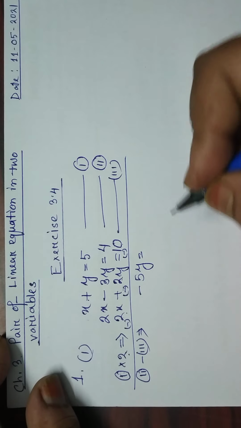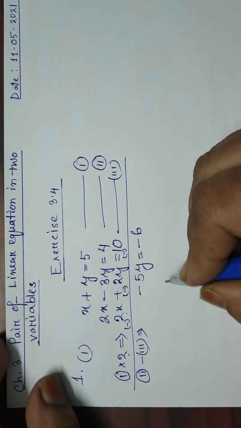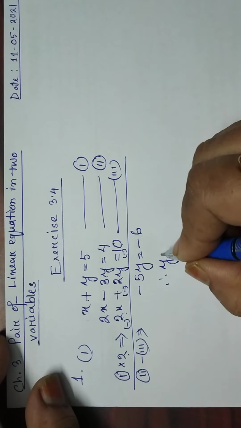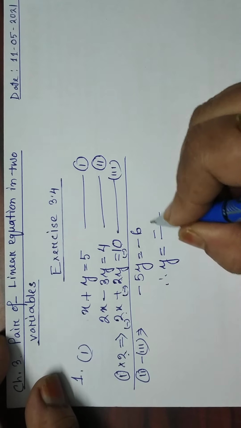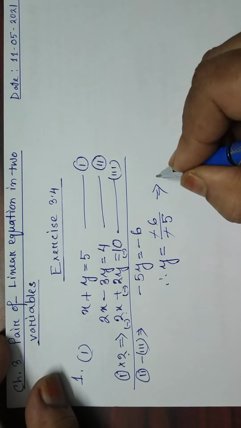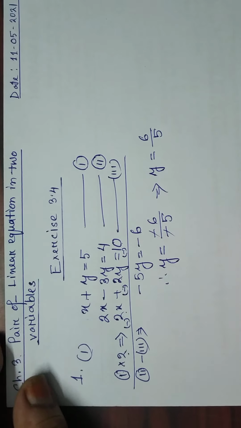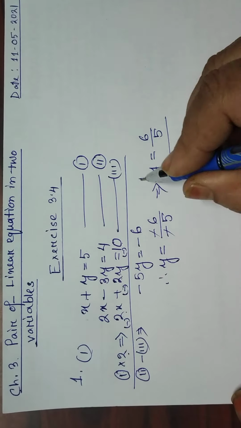That means 4 minus 10 is minus 6. Therefore y equals what? Minus 6 by minus 5. Here minus minus cancel. This implies y equals 6 by 5. We get the value of y.